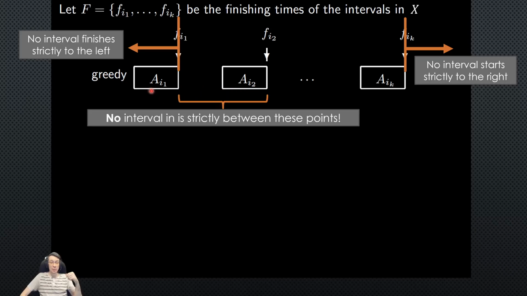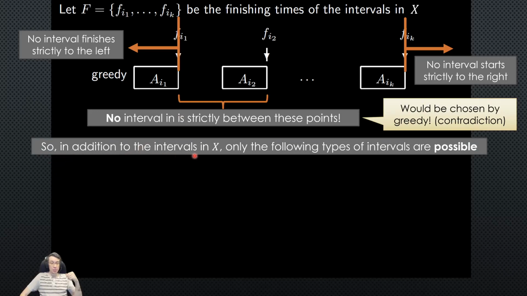If it started before this point, it would intersect AI1, so it wouldn't be taken. But no interval can be in the input strictly between these points, or else greedy would have taken it instead of AI2.